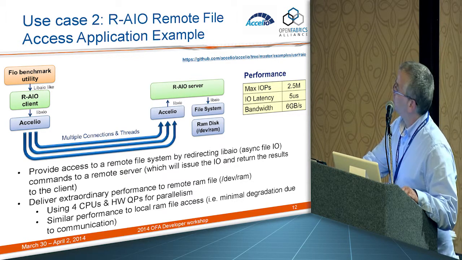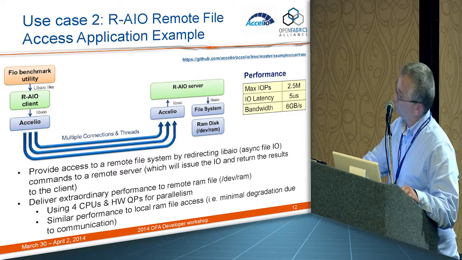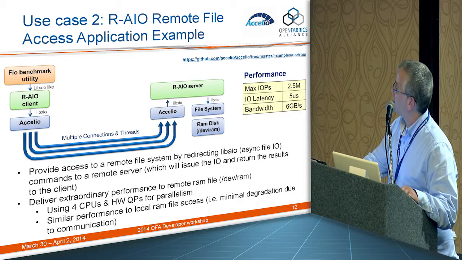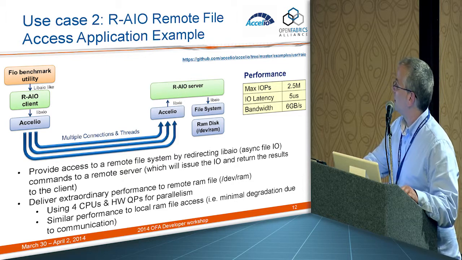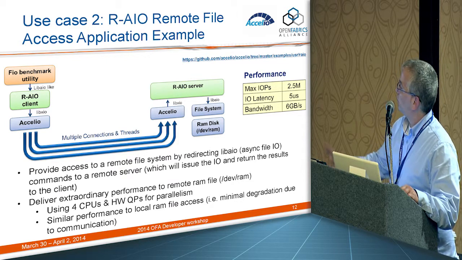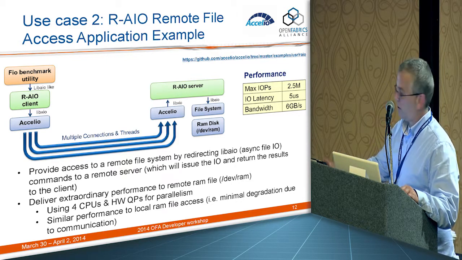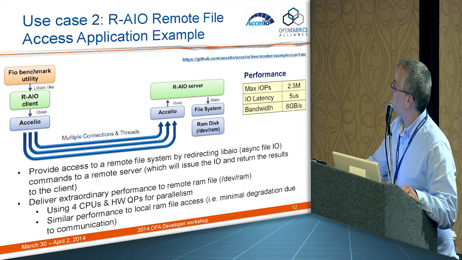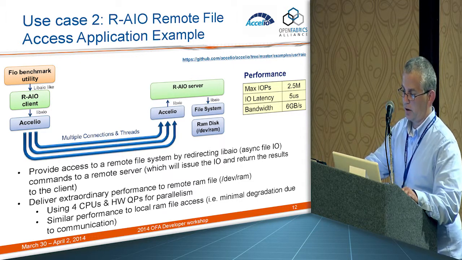And on the other side, there is a RAIO server, which is linked to the Accelio library, and on the other end it has a backend that supports multiple file systems or a RAM disk or any kind of operation that AIO can be used for.